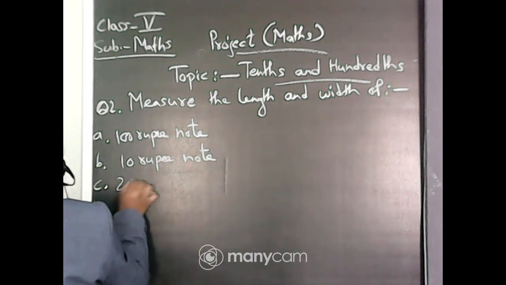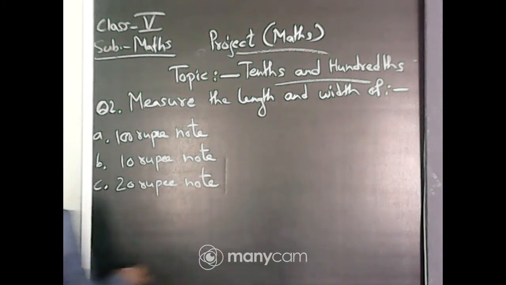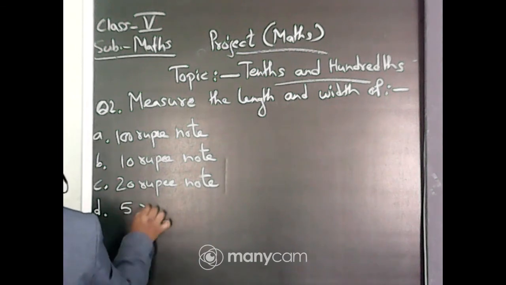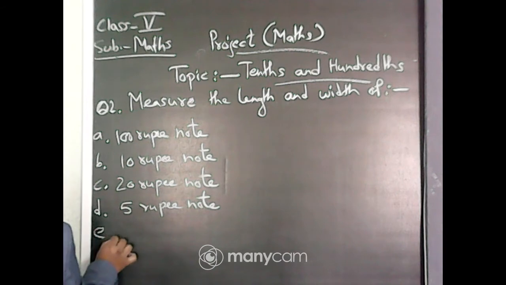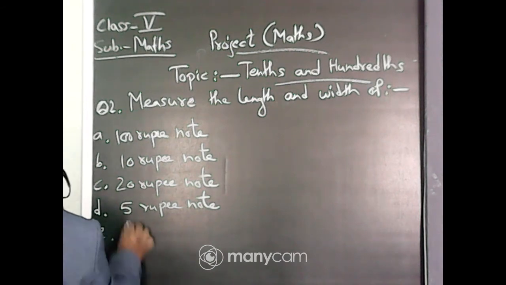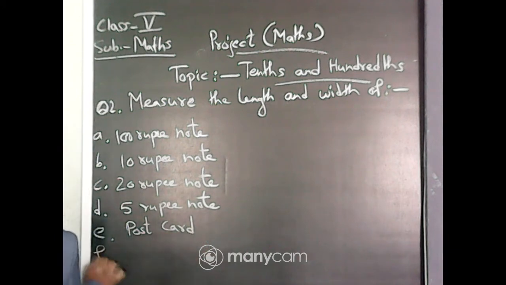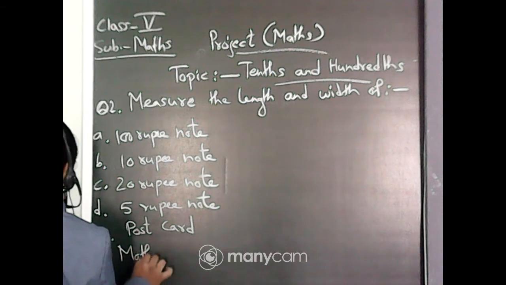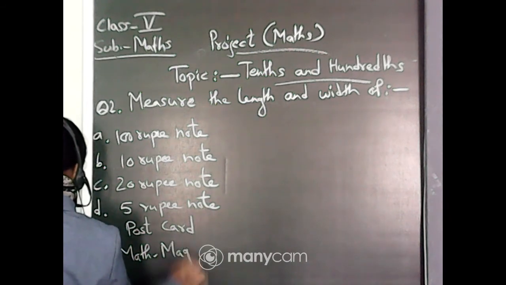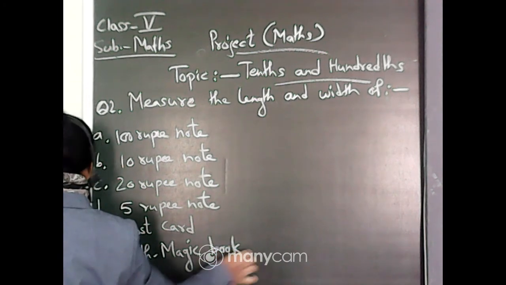Number C, 20 rupee note. Then number D, 5 rupee note. Number E, postcard. And number F is the Math Magic book.